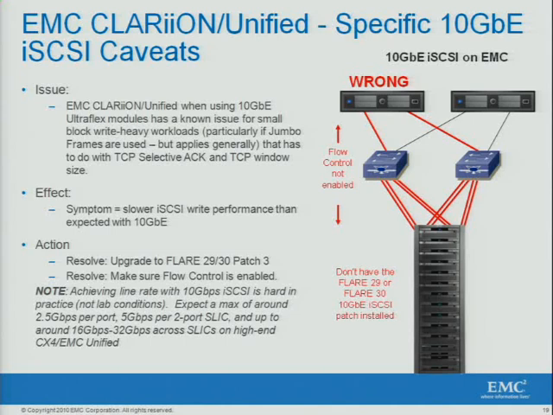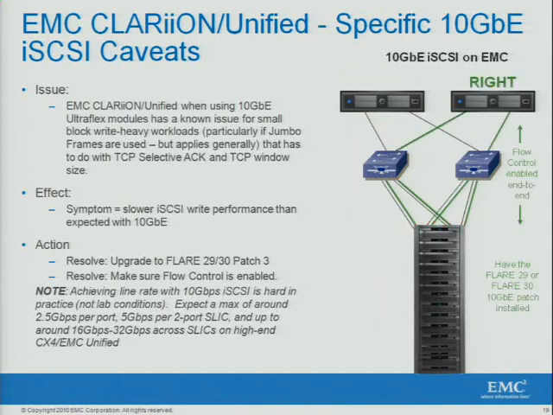But basically, if you're trying to drive 10 gigabit Ethernet iSCSI performance and you see depressingly low throughput, you've got to make sure that you're using either Flare 29 with patch 3, or there's a similar one for Flare 30 that fixes this particular bug. And I think in your case, it's 7.2. If you're a 7.2 customer, you need to move to 7.2.6. And if you're a 7.3 customer, you go to 7.3.2.